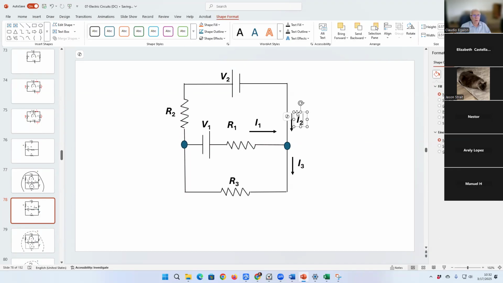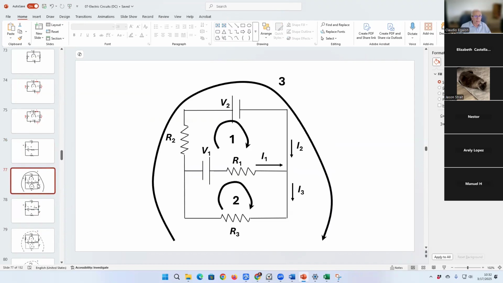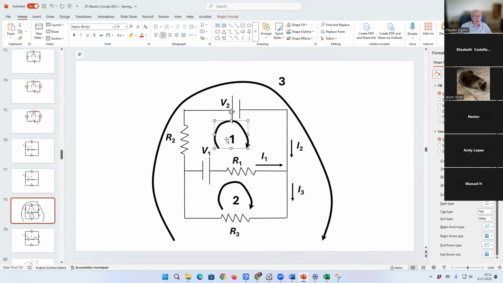I want to do it in a different way. Let's do it a different way. Let's identify the loops. Let's do it this way.